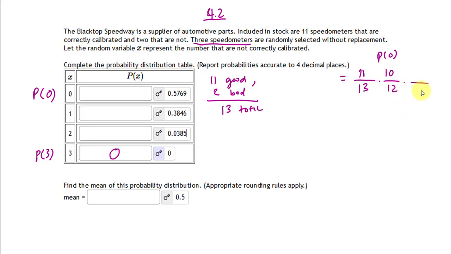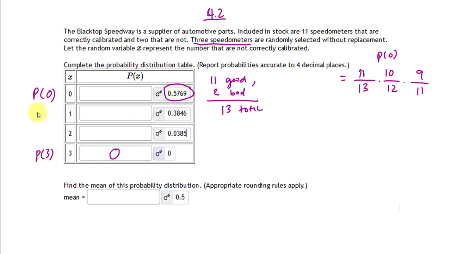And then lastly, we only have 11 items left, and we only focus on the good, so there are only 9 of them left. So this is the case where you will not get any bad one. So 11 over 13 multiply 10 over 12 multiply 9 over 11. You should get this value right here.